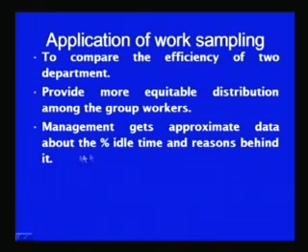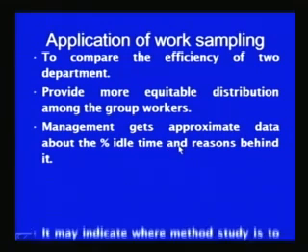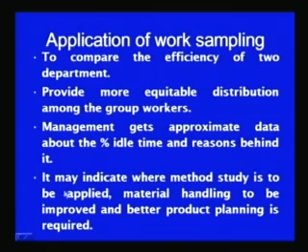Management gets the approximate data about the idle time and the reason behind it. So, this helps the management to take the necessary corrective actions in order to cut down the ineffective time after going through its reasons. It may indicate where method study is to be applied, material handling to be improved, and better product planning is required.